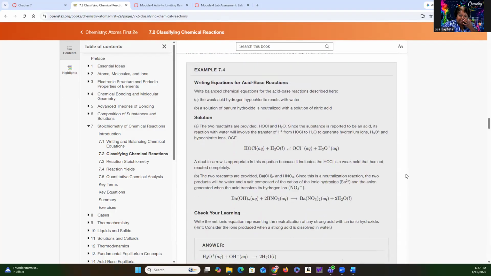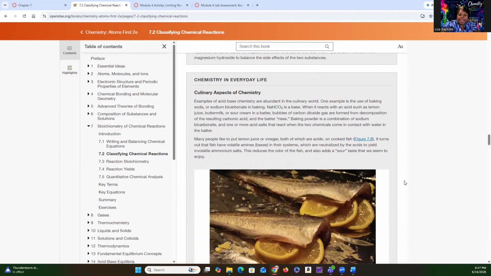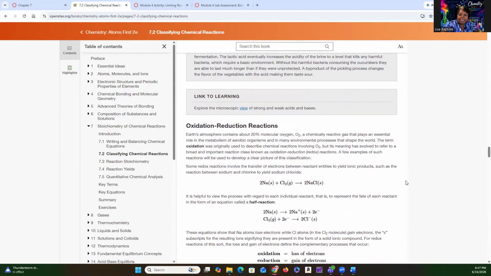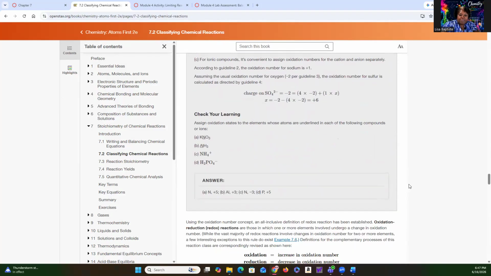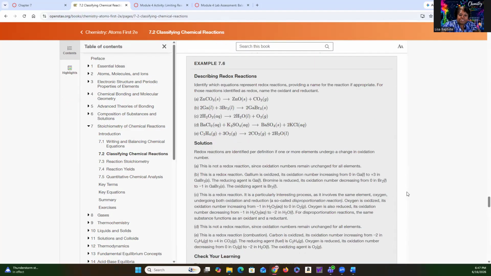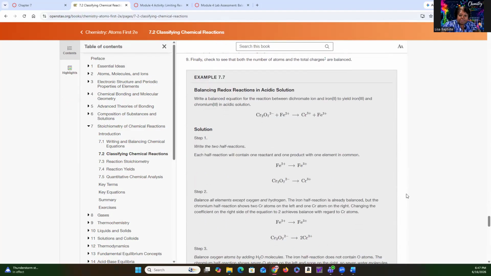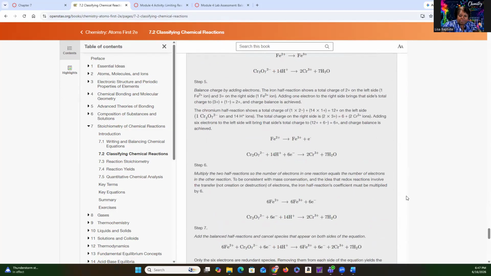It goes through a lot of great information about writing equations for acid-base reactions and looking at different types, oxidation reduction reactions, and so forth. If you have questions as you're going through these, they are straightforward, but if you have questions, let me know.